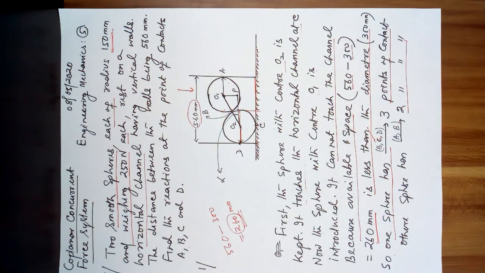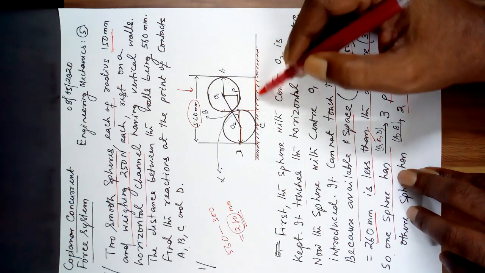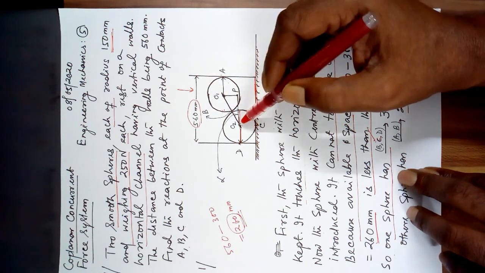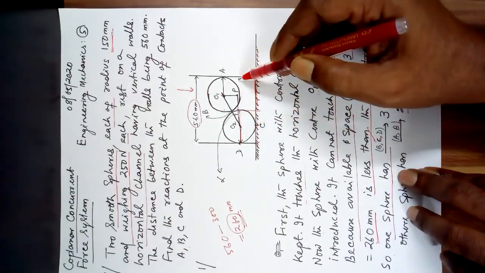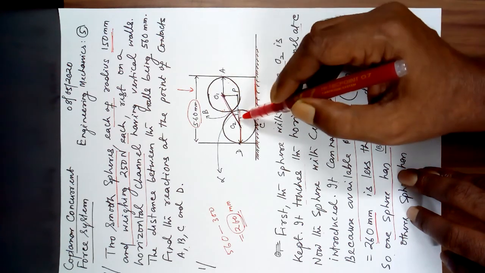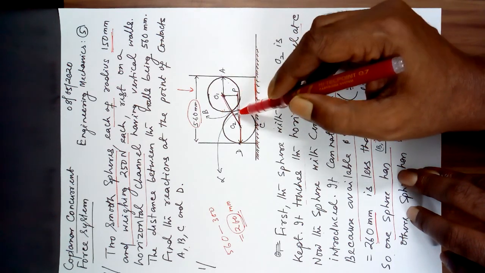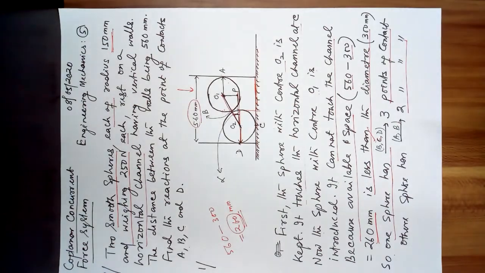Now, since this sphere does not touch the channel here, the centers O2 and O1 are not in a horizontal line. They make a line like this, which means they make some angle with the horizontal. Let this angle be alpha. That is what I am explaining here.